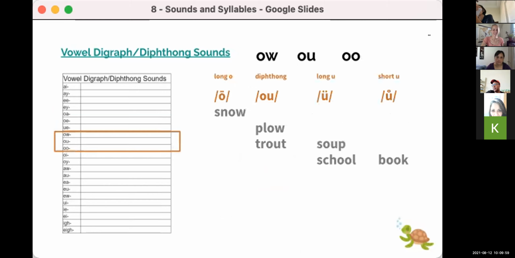All right, our next sounds are the OW, OU, and OO. This one's a little more complicated because the different spellings create different sounds. Remember the words snow and plow. The OW makes the long O and that diphthong ow.